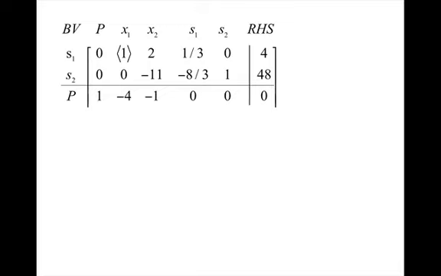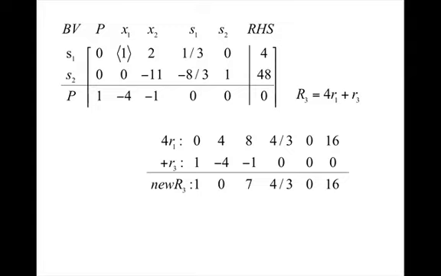So next I want to look at making the -4 become a 0. So change its sign to a +4. I'm going to multiply that by row 1 because that's the row with my pivot element. And then I'm going to add that to row 3 because that's the row I want to change. So 4 times row 1 is 0, 4, 8, 4/3, 0, 16.